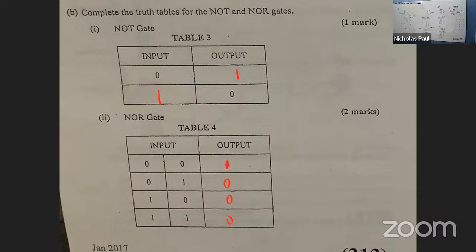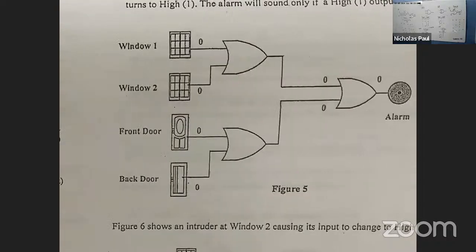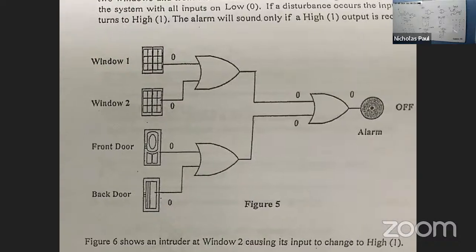All right, let's go again. Last one. Sometimes, as you will see here, they have real life applications, right? So here we have windows and we have doors. Basically, it's a security alarm.